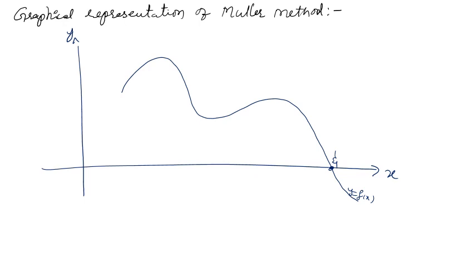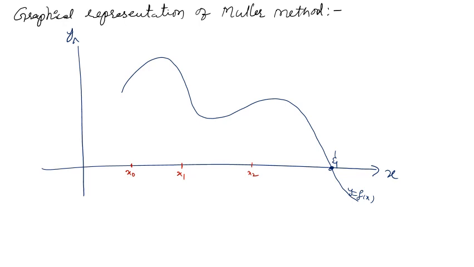Now in Muller's method, what do we have to consider? Three approximations. I am taking x0, x1 and x2: xk minus 2, xk minus 1, xk, substituting k equal to 2.